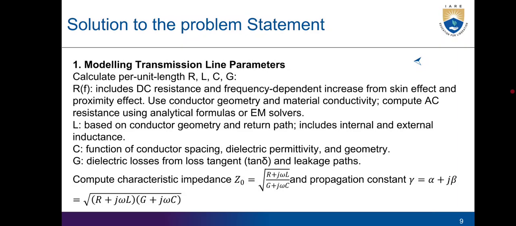Compute the characteristic impedance Z0 equals square root of (R plus j omega L) divided by (G plus j omega C), and the propagation constant gamma equals alpha plus j beta equals square root of (R plus j omega L) times (G plus j omega C).